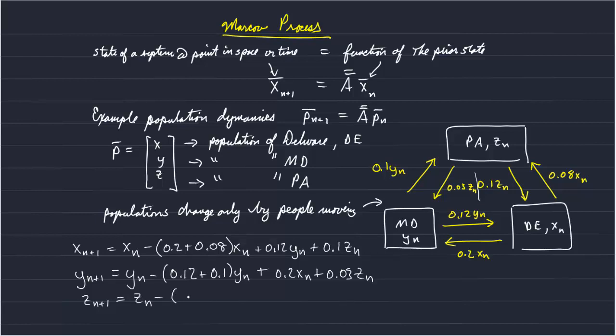the 0.03 plus 10% that leave it, plus the 8% from Delaware that enter Pennsylvania. 8%, not 80%.